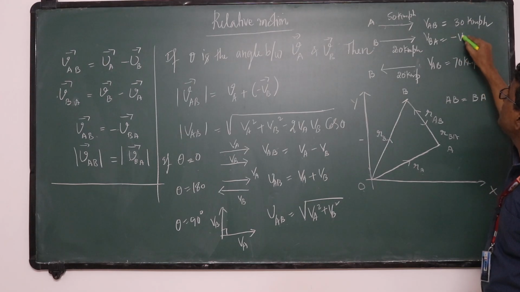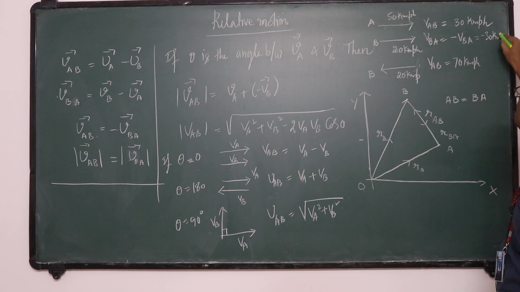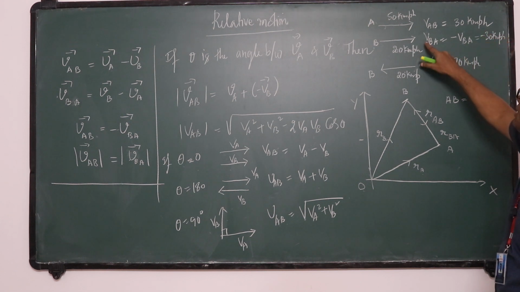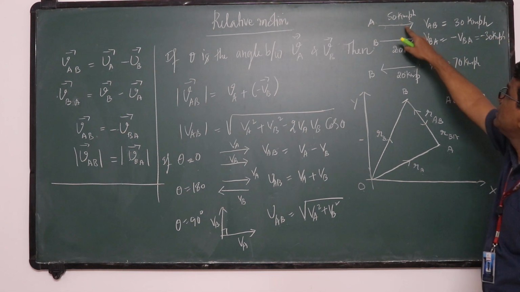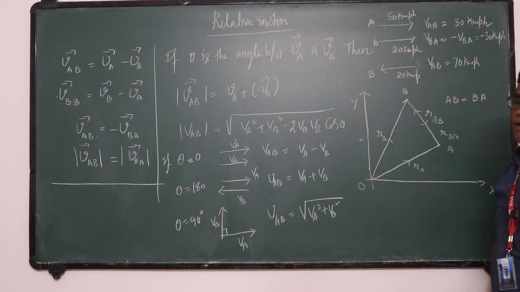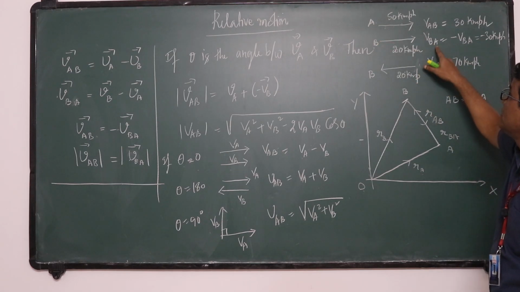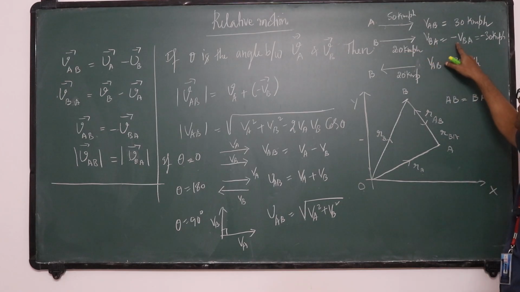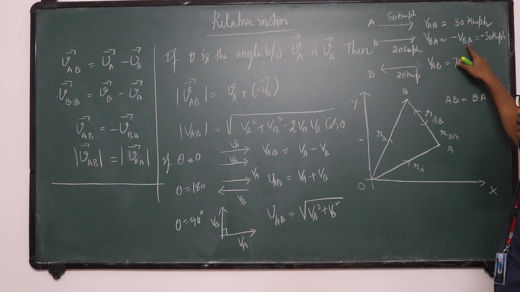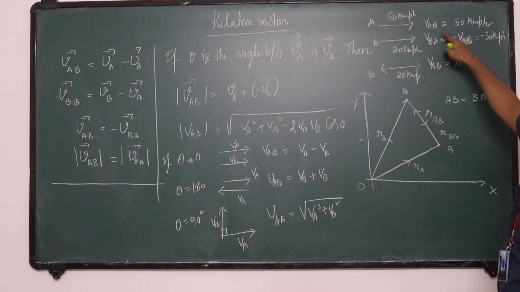Here, suppose you want the speed of B with respect to A, that is minus VBA, that is minus 30 kilometers per hour. What does it mean? Velocity of B with respect to A, when the two trains are moving in the same direction, VBA is equal to minus VAB, that is minus 30.